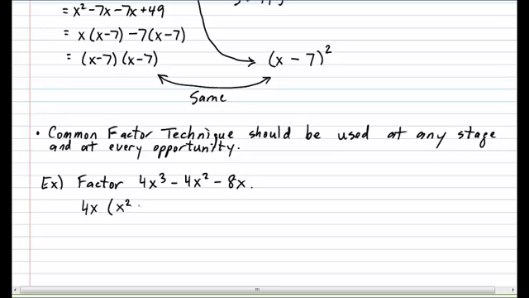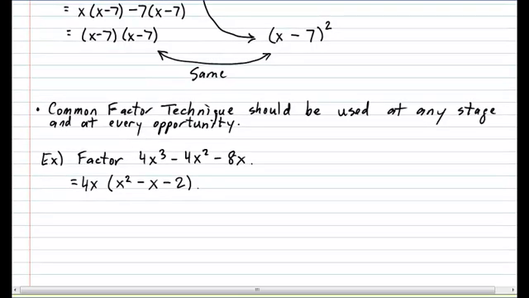I have an x squared minus x minus 2. Interesting. Look at what that reveals now. The bracket has suddenly become a trinomial of the form x squared something x and no x. So for the bracket, we can use our product sum technique.